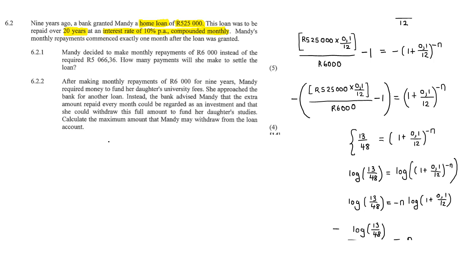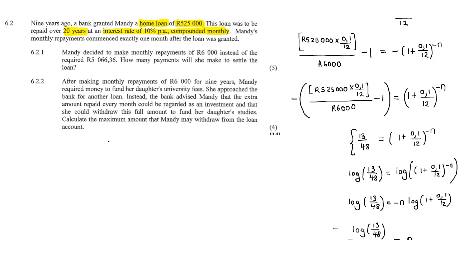Now, if I can just put this into perspective for you, it's now 9 years later. She got the loan 9 years ago, and Mandy's going back to the bank and asking to take another loan to fund her daughter's university fees.